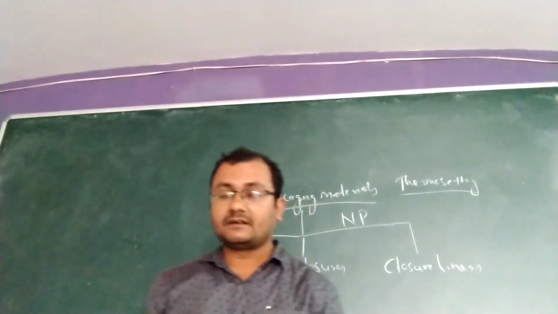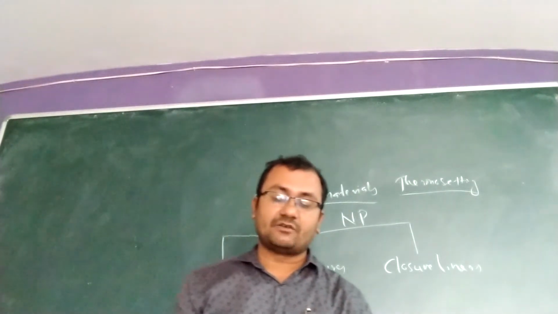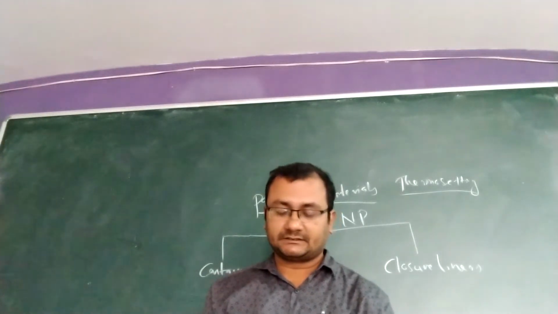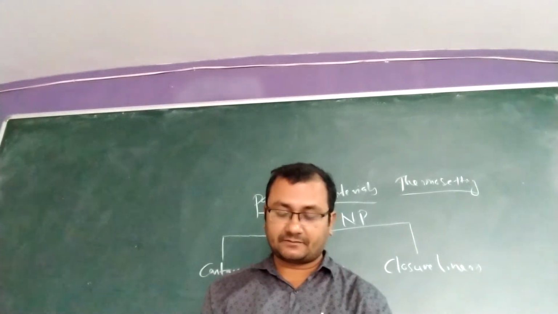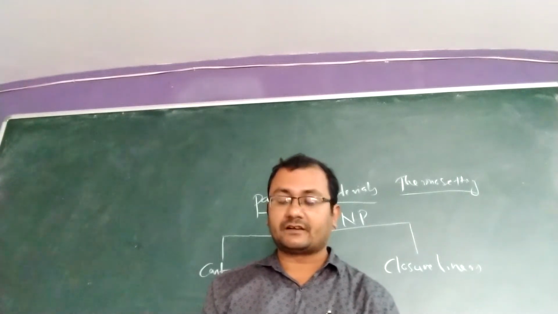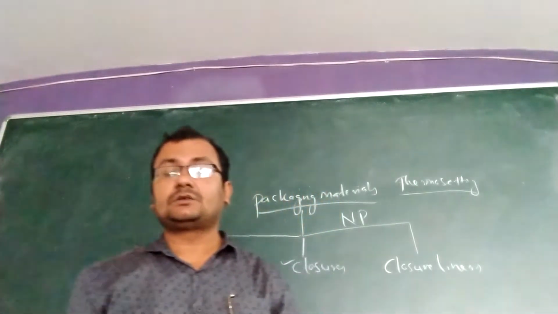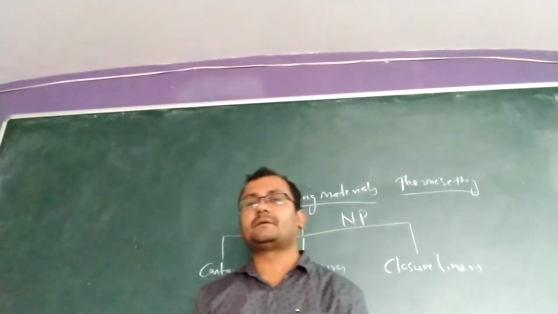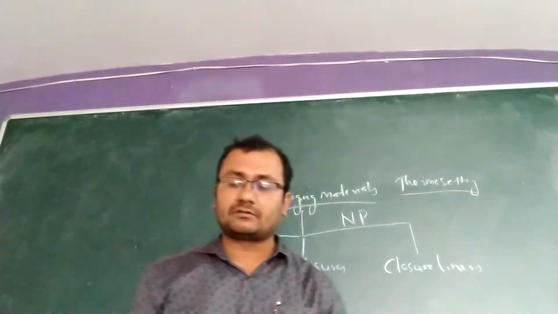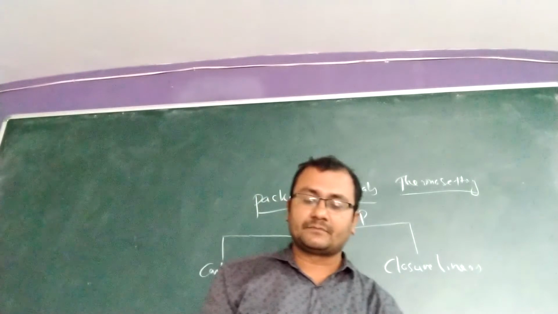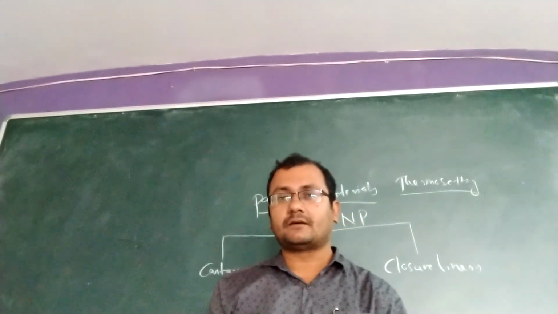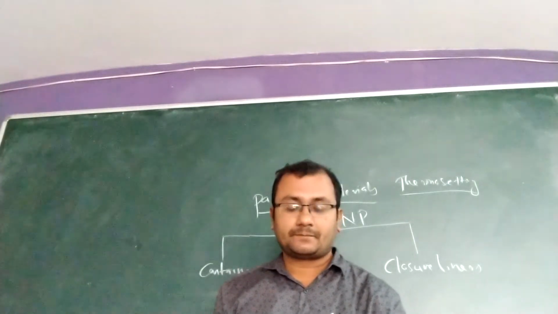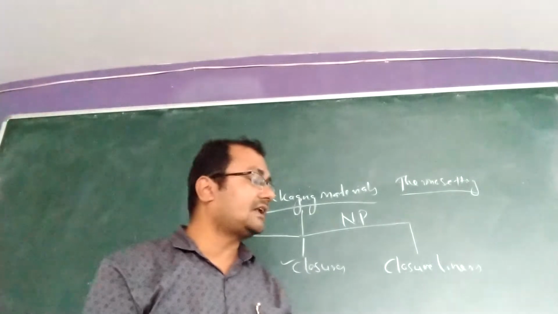They can be threaded, screw on, press on, roll on closures, and different types of pilfer proof closures, lug closures. These closures are made up of different materials, like cork, plastic, glass, metals, and rubbers. These are about closures.